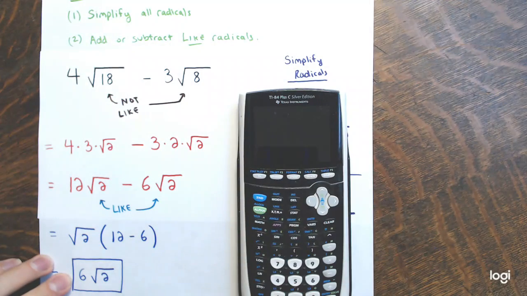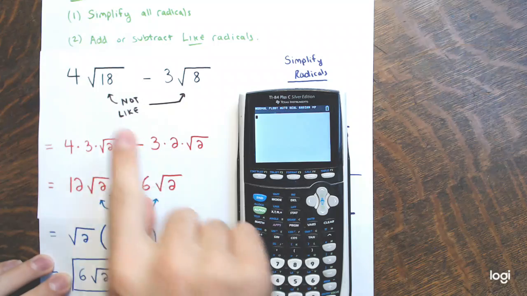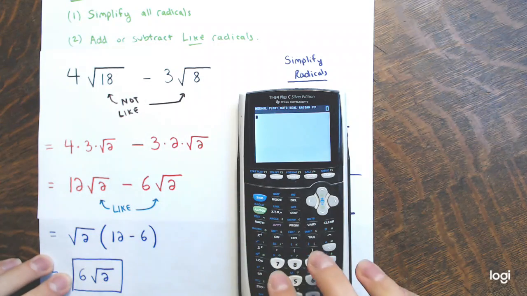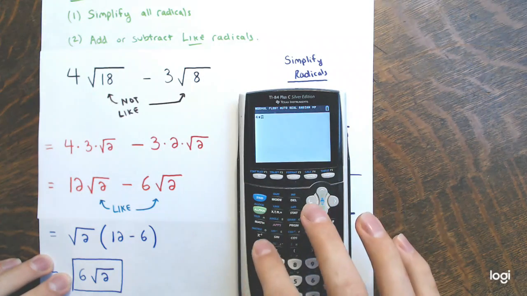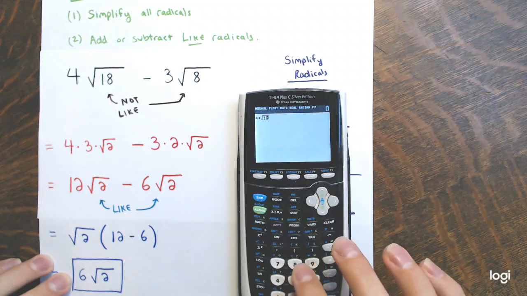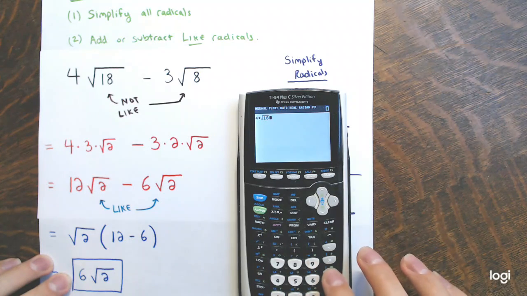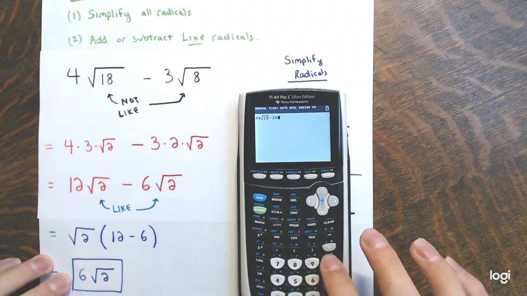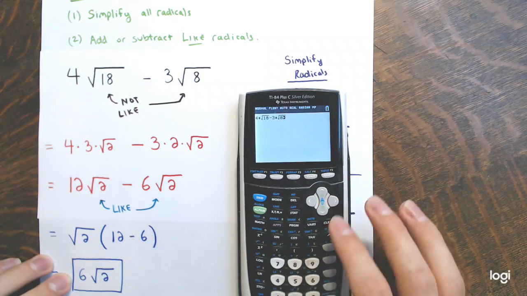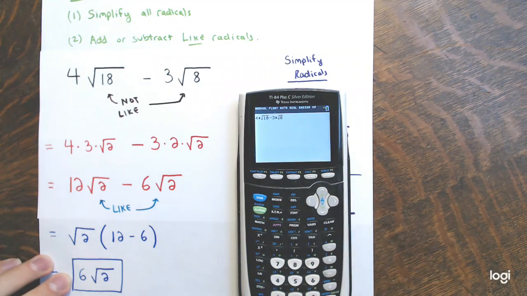I'll use a calculator to help check it for us. The first expression that I started with was 4 times the square root of 18, then minus 3 times the square root of 8. I get this number, 8.485281374, and so on.